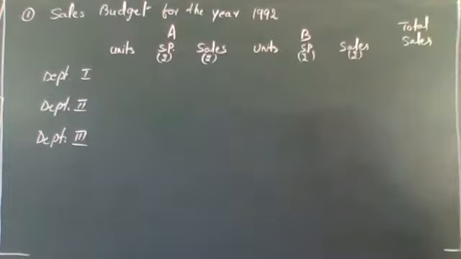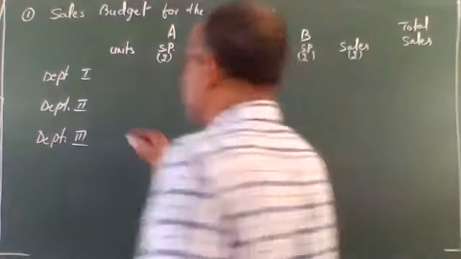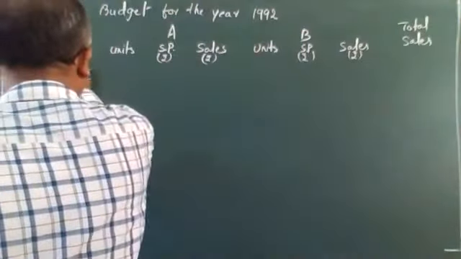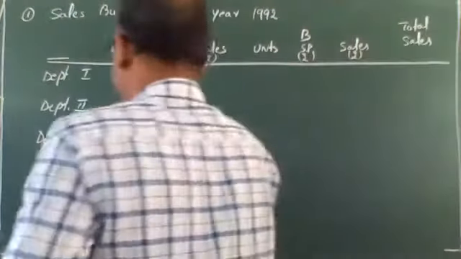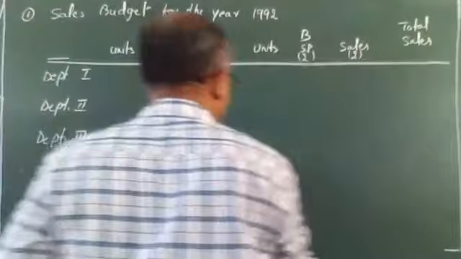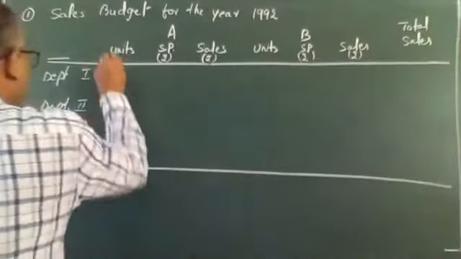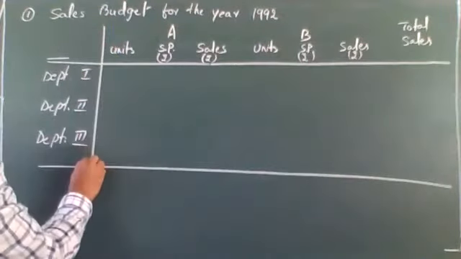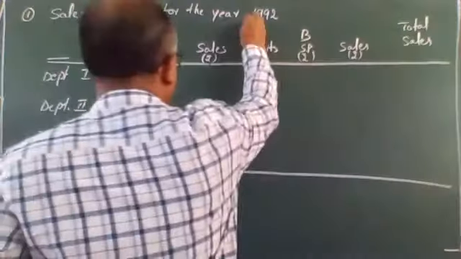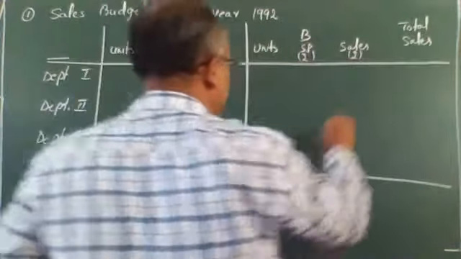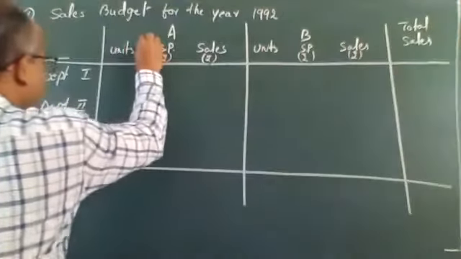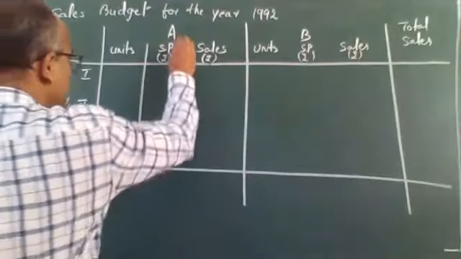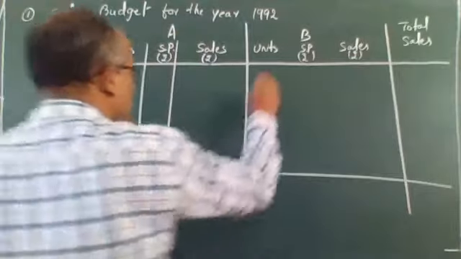All right, so the table goes something like this. We have 2 brands, we have 3 departments, and we have units information and selling price information.